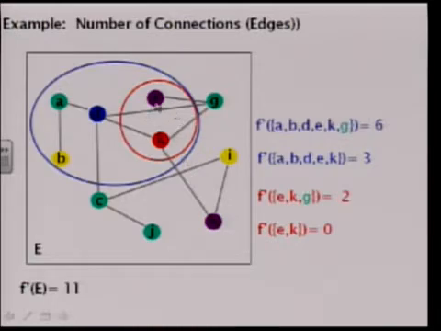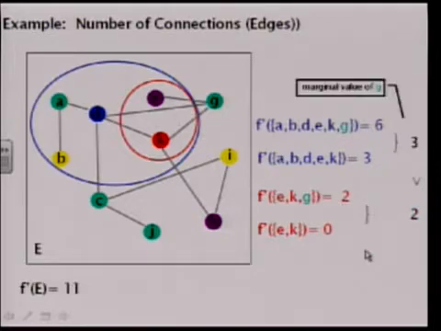For a smaller one, only E and K, the gain is 2. So what happened here? The marginal value for a bigger set is larger than the marginal value of a smaller set. Okay? So it's just the opposite of what we are seeking, right? But still, it's a very interesting property.